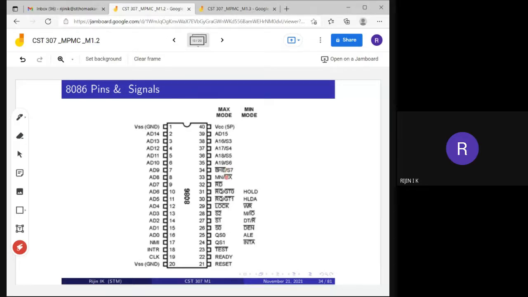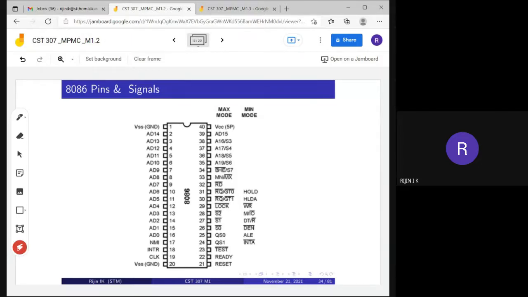Next pin is the read pin. Actually, this read pin is also an active low pin. That means when you provide an active low signal, then it will be active.